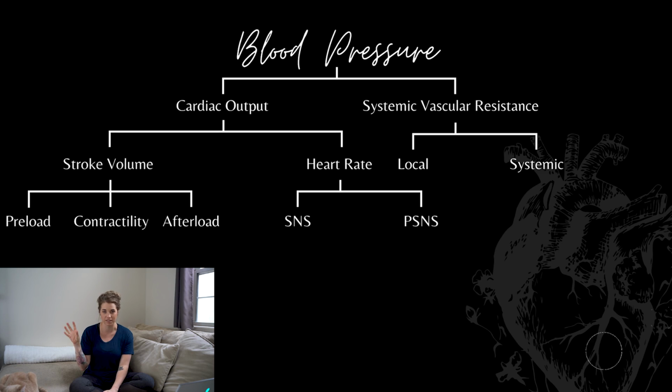And now back to the top of our tree, our systemic vascular resistance. Your systemic vascular resistance is the amount of pressure that your vasculature puts on your blood, because not only is your blood applying pressure to the walls of the arteries, but the walls of the vessels that the blood is in are also putting pressure back on the blood.